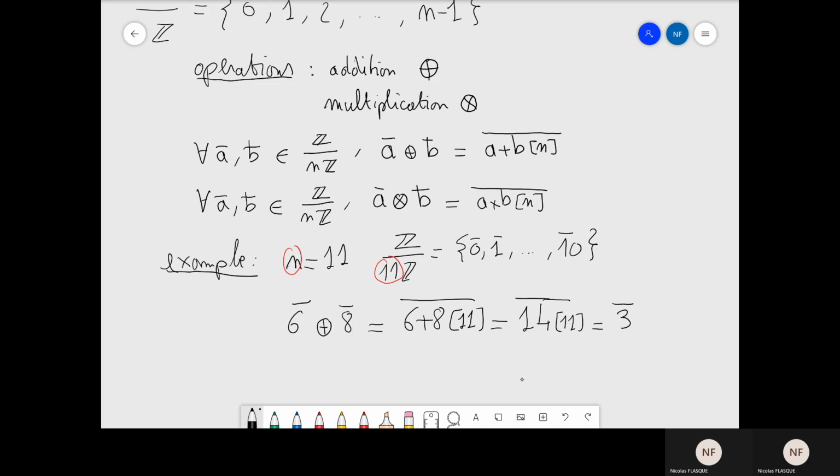During the calculation it is okay to say that 6 bar plus 8 bar is equal to 14 bar, but in the end, you should always find a number between 0 and 10 under the bar. Let's say that this 14 bar is just an intermediate step in order to get the result. That would be okay in any exercise or in an exam.